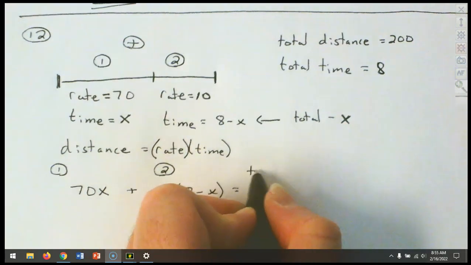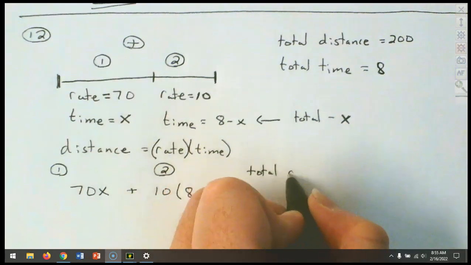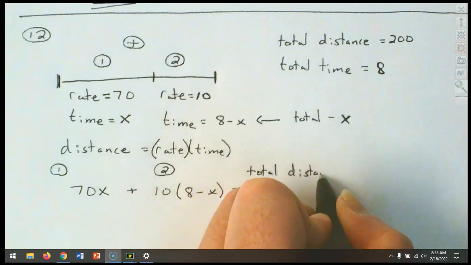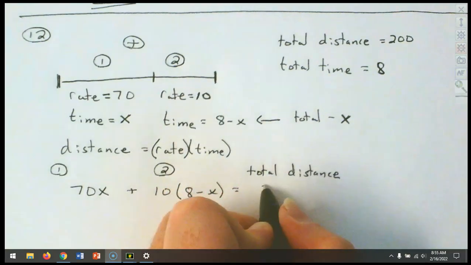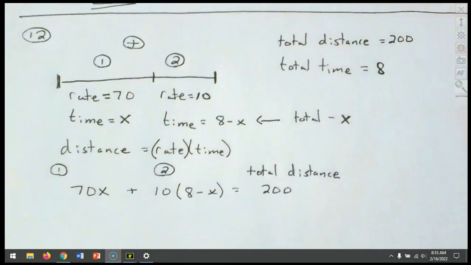What's the total distance again? 200. Yep, so that's going to go down here. Where students sometimes make a mistake is they get the times and the distances mixed up. Distance is going to be the very last thing that you work with. The very last component is that total distance.